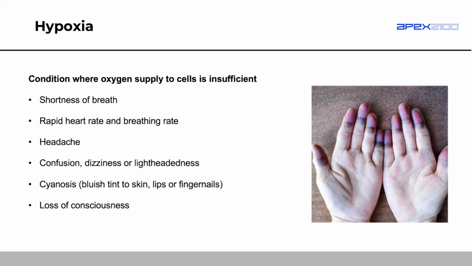Headaches, so with the reduced oxygen supply to the brain, we can get a headache. We can feel confused, dizzy, or lightheaded. We can get cyanosis, which is when we have a bluish tint to the skin, lips, or fingernails, and it indicates low oxygen levels in the blood. And if this is super severe, that can lead to a loss of consciousness. So fainting or loss of consciousness can occur in a very, very severe case.